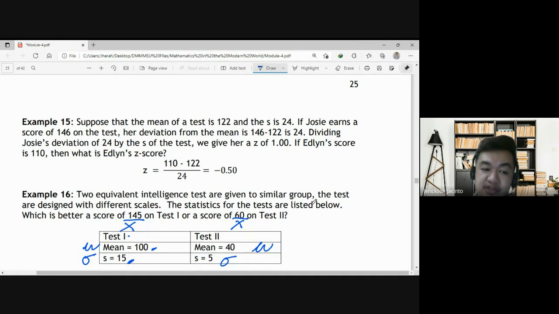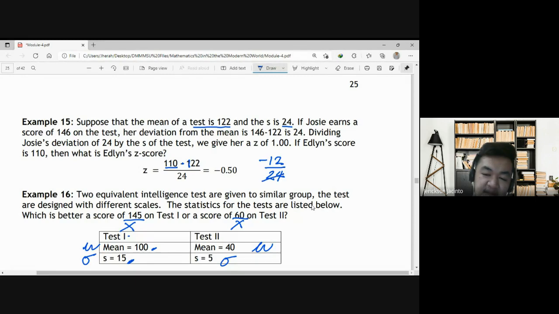If Edlin's score is 110, ano daw yung kaniyang standard or z-score? So 110 yung score ni Edlin. Yung mean is 122, so minus the mean, which is 122, divided by 24, which is the standard deviation. So dito 110 minus 122 is negative 12 over 24.